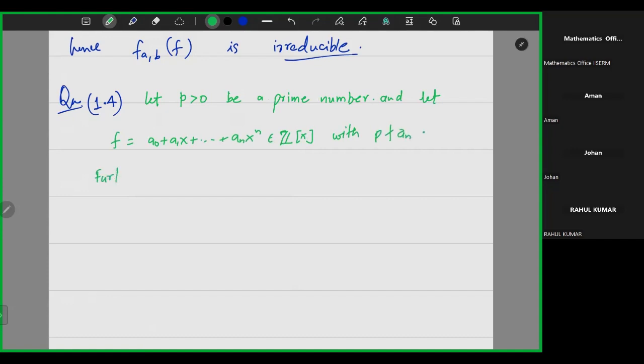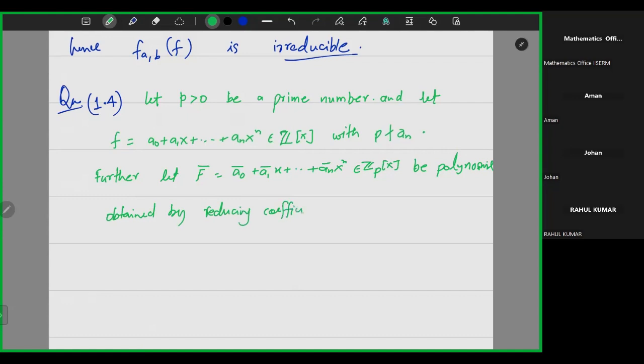Further, let F bar be a0 bar plus a1 bar x and so on, plus an bar x power n, belonging to ZpX, where Zp is the ring of integers modulo p, the polynomial obtained by reducing the coefficients modulo p.